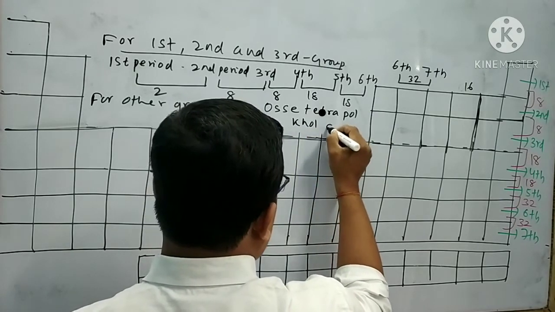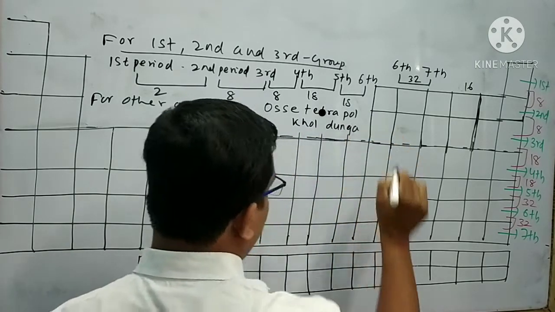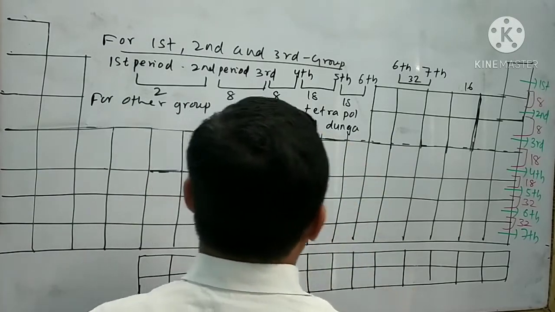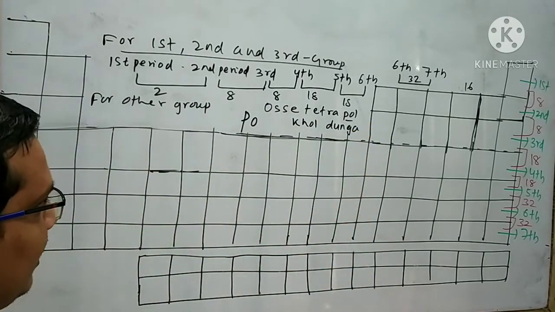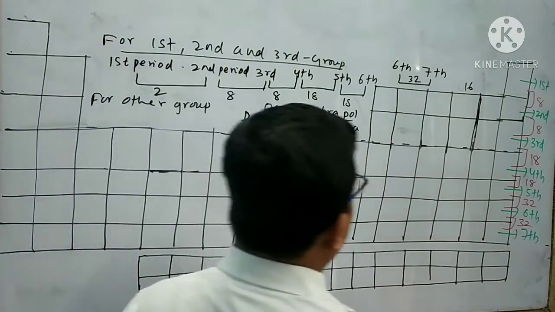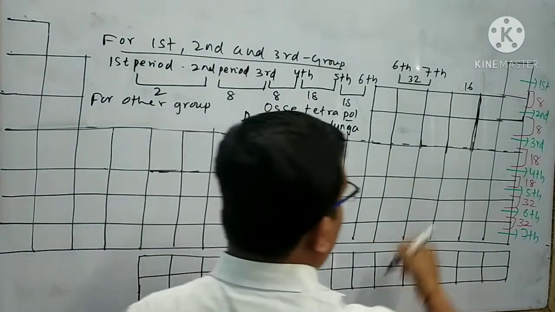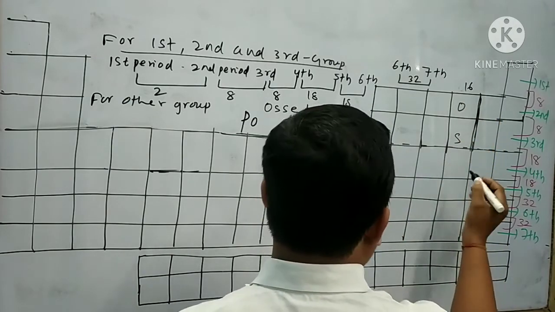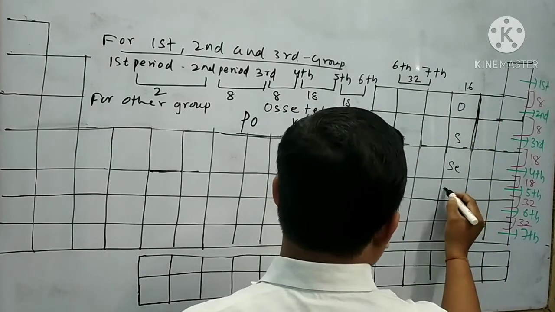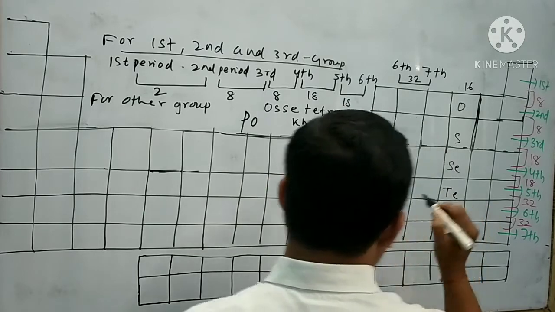Look at that. Here PO is written. This indicates polonium. The group 16 elements are oxygen, sulfur, selenium, tellurium, polonium.